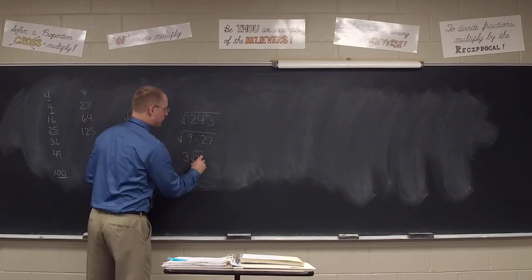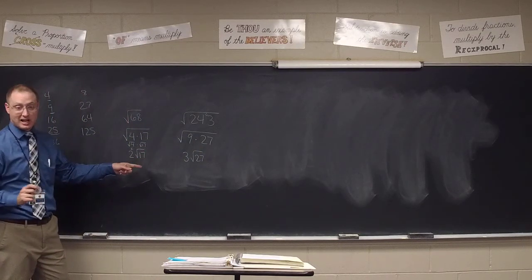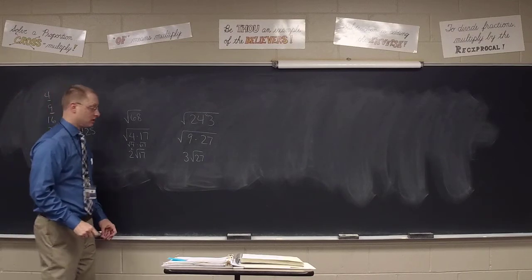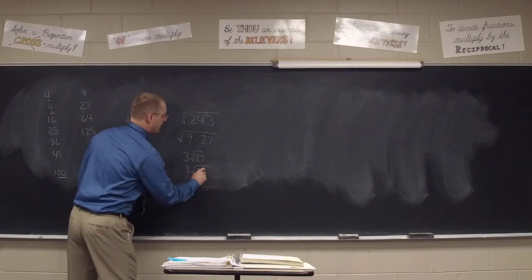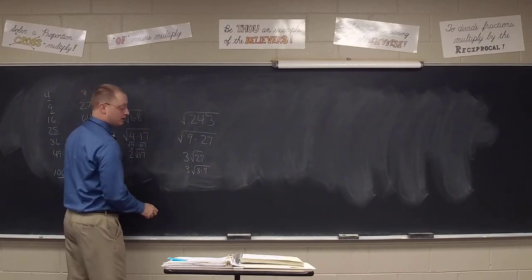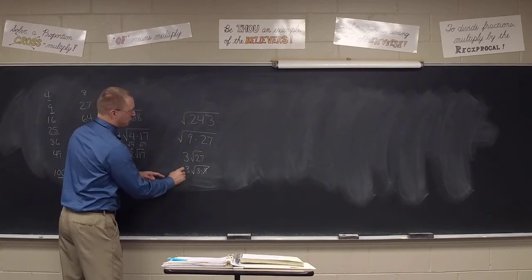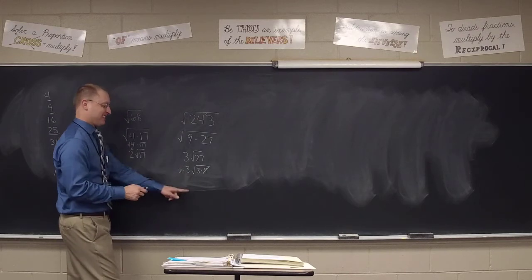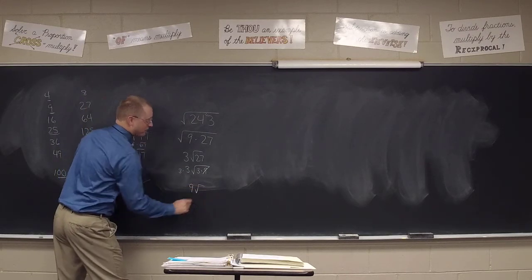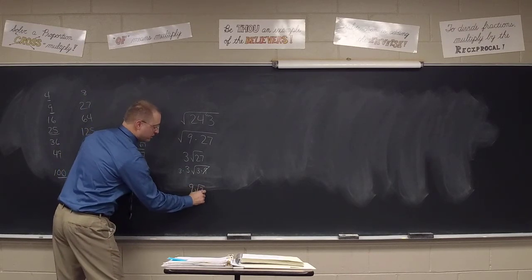Should have been 3 times the square root of 27, which means we can't stop there. Factor that into a 3 and a 9, where we're going to take the square root of the 9 to get another 3 out here, which ends up giving us times the square root of the 3 there.